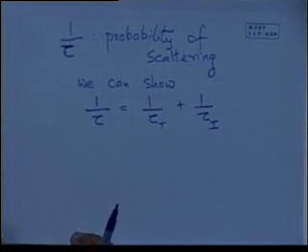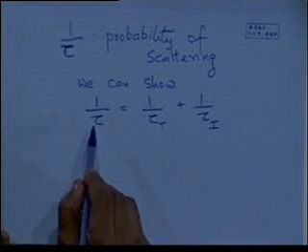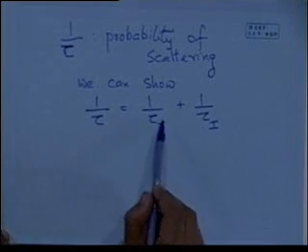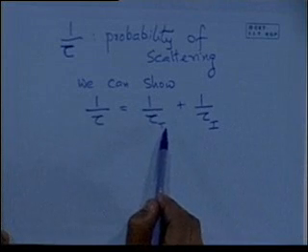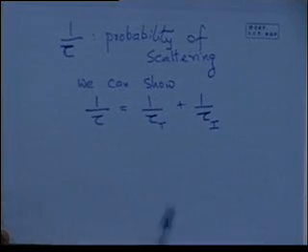Since they are not linked to each other, statistically this is what will come. The total scattering that we see in the material is given by 1 by tau equals 1 by tau_T plus 1 by tau_I, the two scattering times.